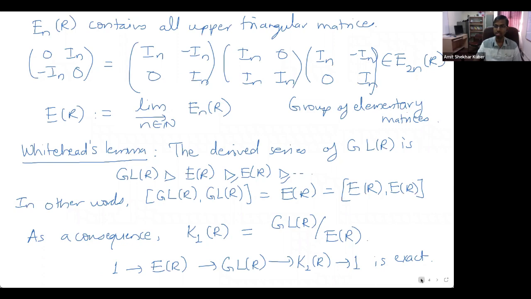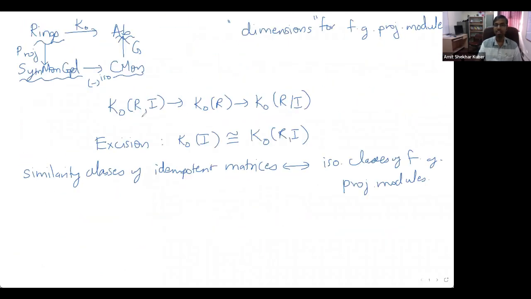So, going back to the first slide, we had this particular short exact sequence. Now what we will try to do is to extend it into a 6-term long exact sequence. For that, we have to describe what the relative K1 is.